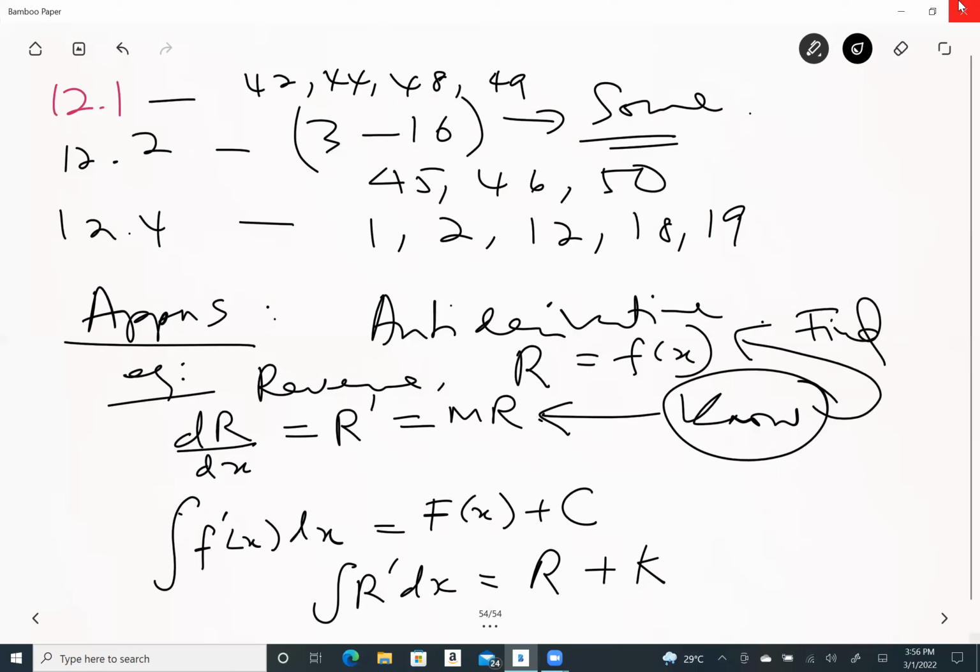What do you call it? Marginal cost. All right. So if you are given marginal cost, integrate marginal cost, what do I get? I get cost. Okay. And similarly, the profit, marginal profit, the derivative of profit. Integrate marginal profit, I get what? I get profit. So for any application, if you are given the derivative, you want to find the function, we do integral.